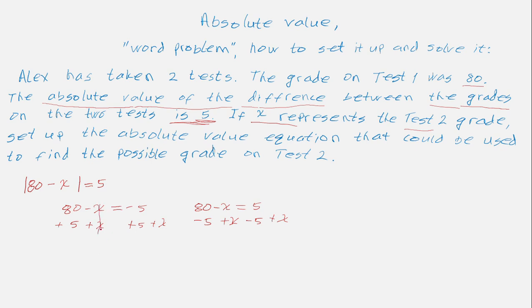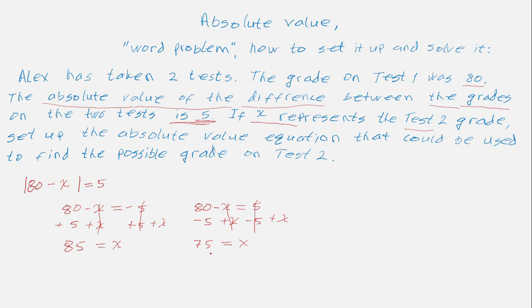Okay, so these x's will go away, these x's will go away. 80 plus 5 is 85, equals, and the 5's are gone, so we just have x. So x is equal to 85. And here, 80 minus 5 is 75, equals, the 5's are gone, and we just have x. So x is 75 or 85.